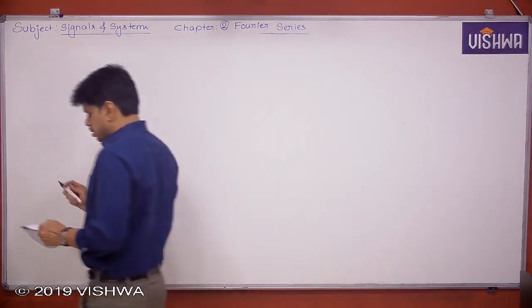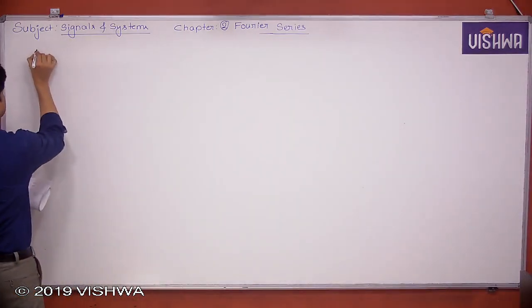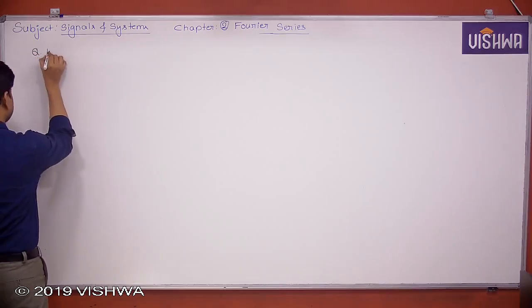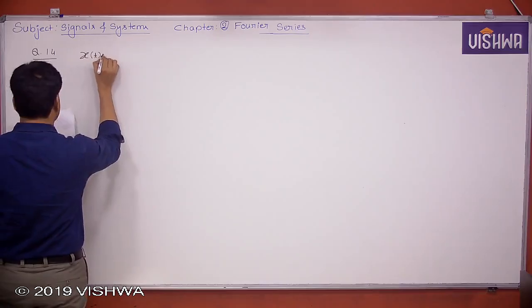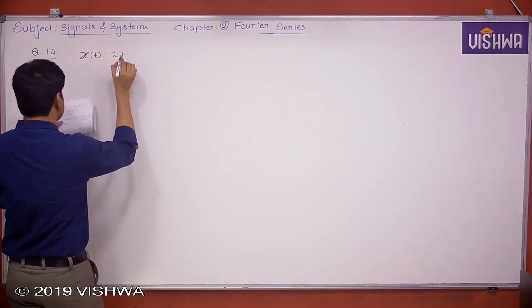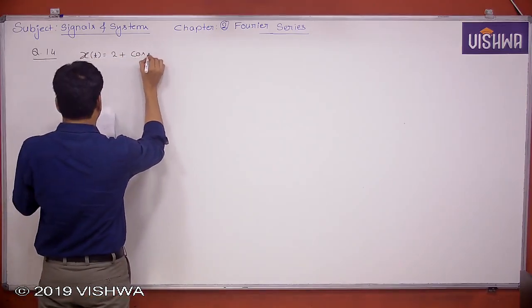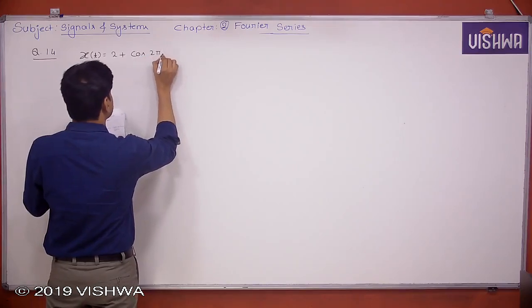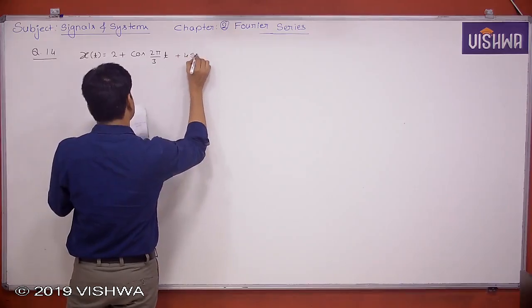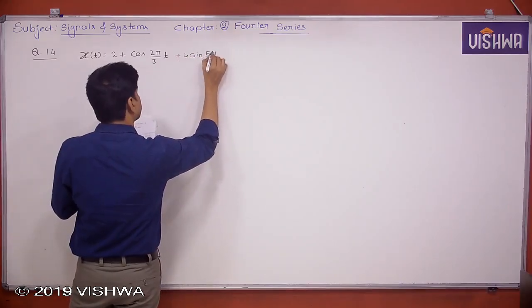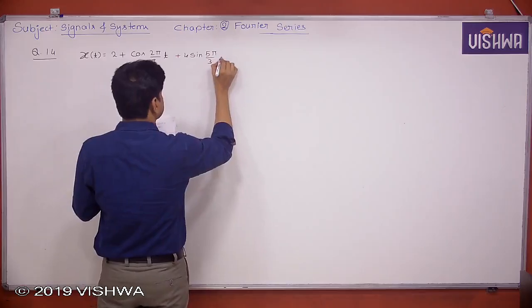Let's see question 14. x(t) is equal to 2 plus cos(2π/3 t) plus 4 sin(5π/3 t).